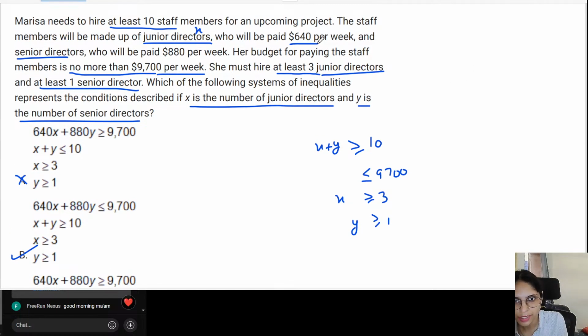And now junior is being paid 640, so 640X. 880 senior directors is being paid, so 880Y. Got it? So just look at all inequality signs.